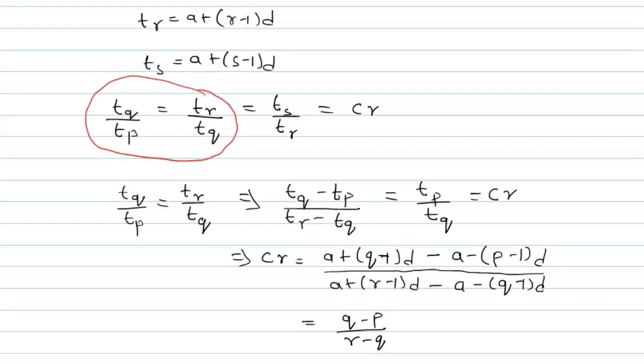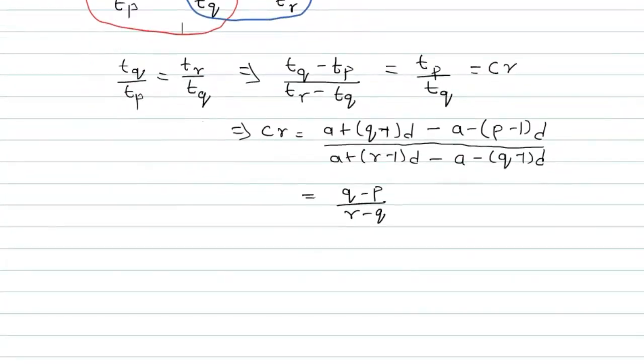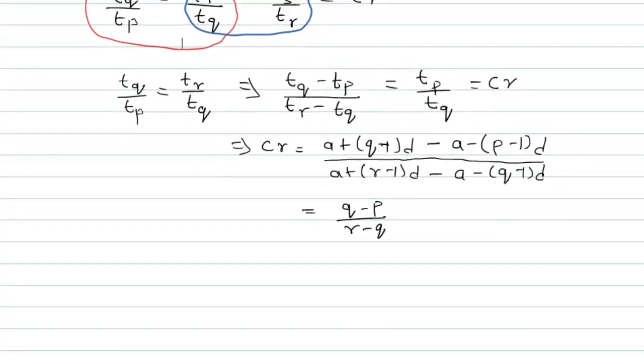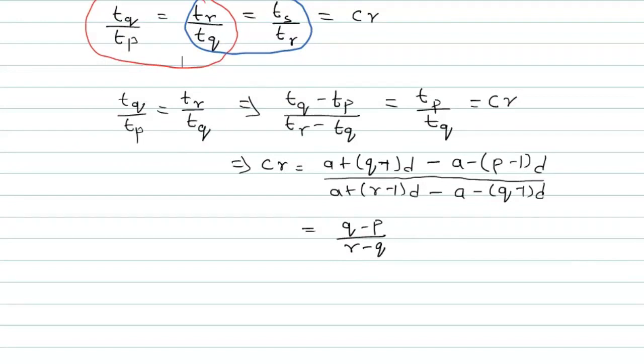Now if we use the second and third ratio, we will get TR upon TQ is equal to TS upon TR.